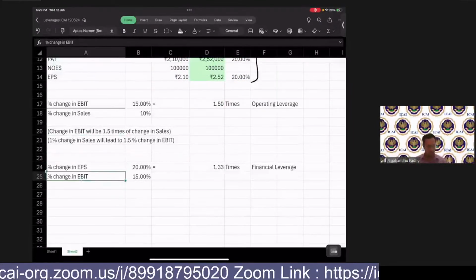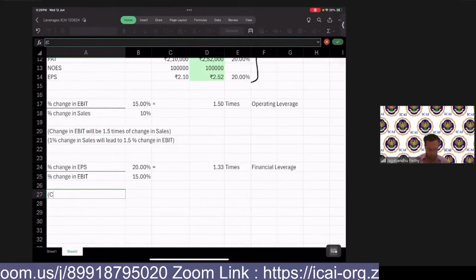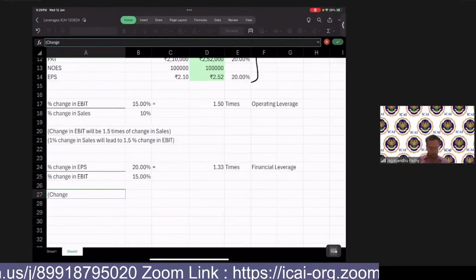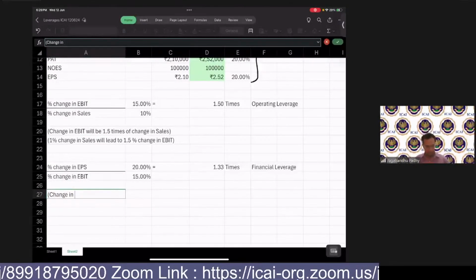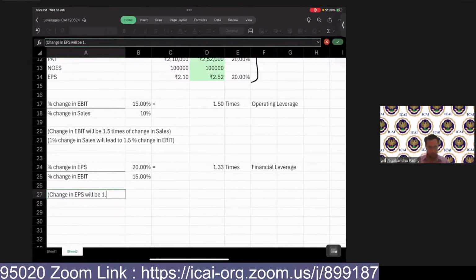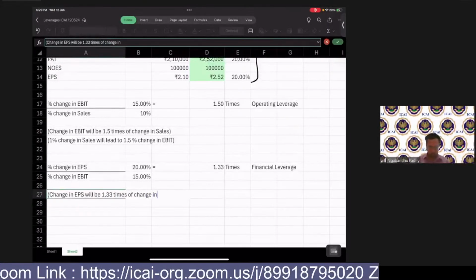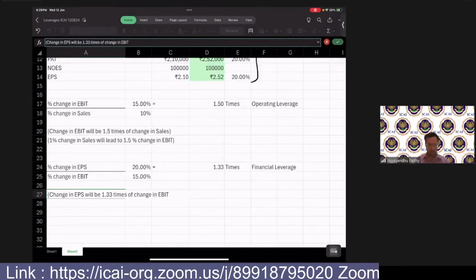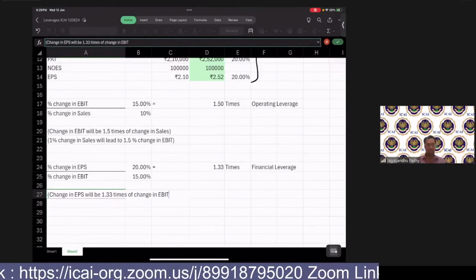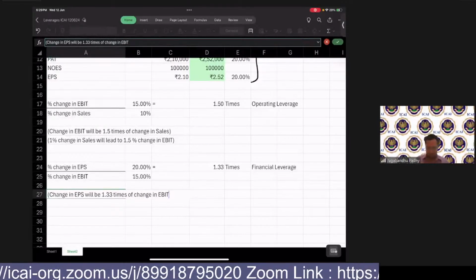So the analogy we can give for financing is that the change in EPS will be 1.33 times the change in EBIT.